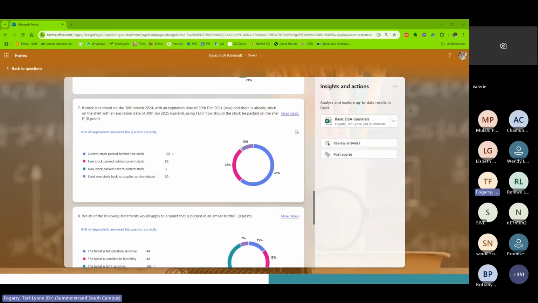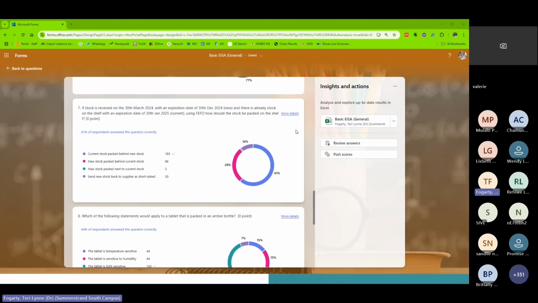And so they've labeled in the question that the stock expiring on the 30th of December was the new stock that you were getting in. And then you had current stock, which had a later expiry date. So even though your stock that has just come in is newer to you in the pharmacy, it has an earlier expiry date and needs to be sold first.